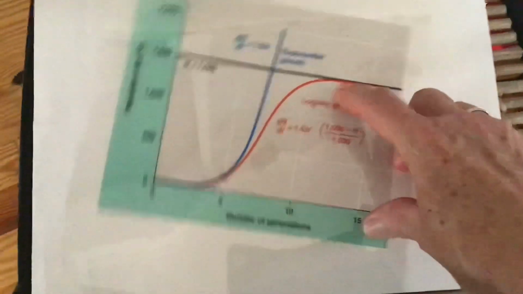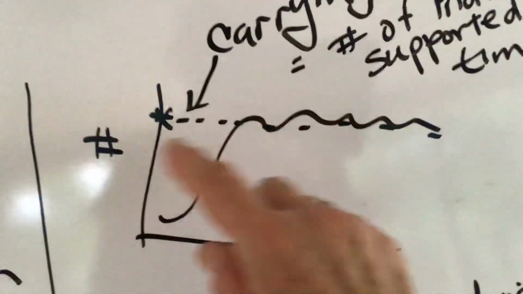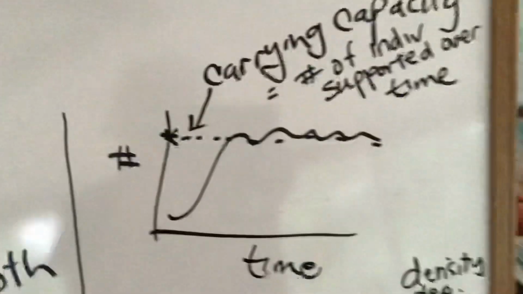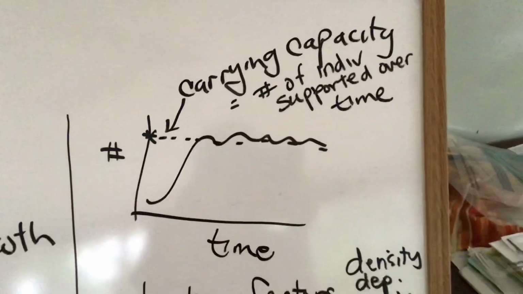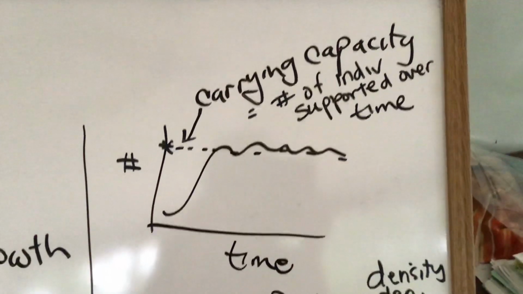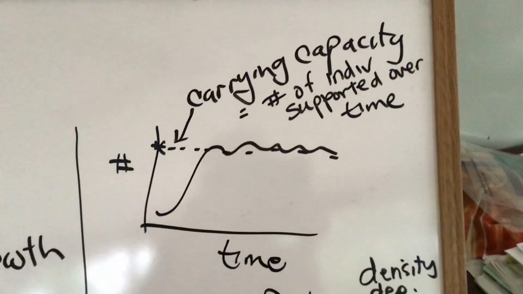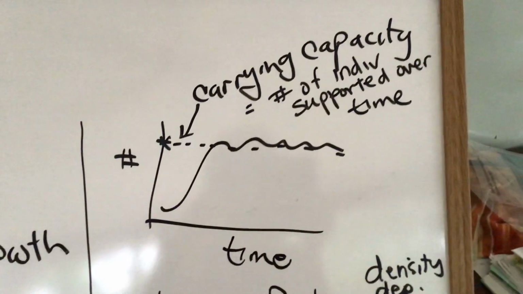This curve will fluctuate around a certain point. That actual number in terms of the population is what we call the carrying capacity. This is the number of individuals in a population that can be supported over time by that environment.